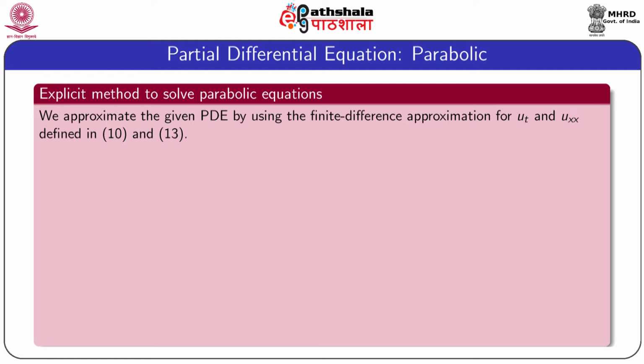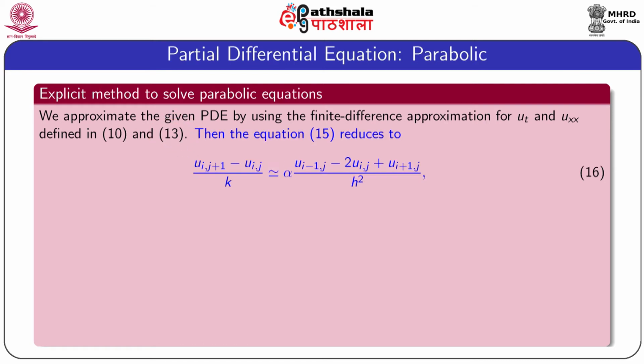Now we approximate the given parabolic partial differential equation by using the finite difference approximations for del u del t and del 2 u del x2 defined in equations 10 and 13. So using this approximation, equation 15 reduces to equation 16.